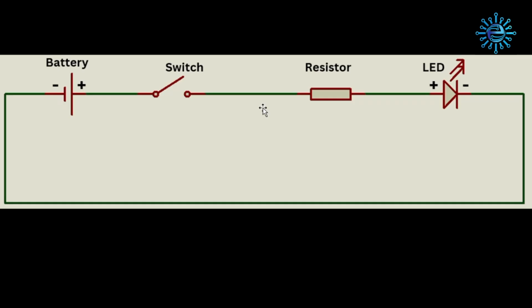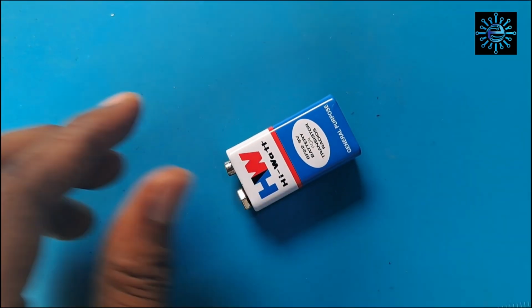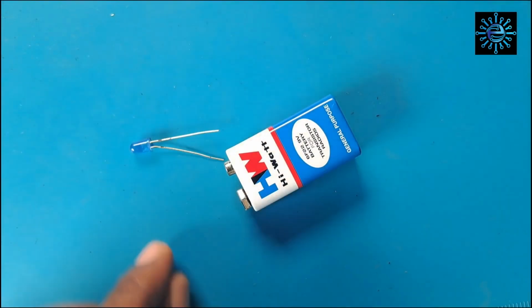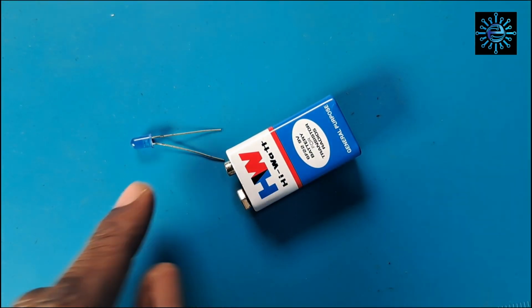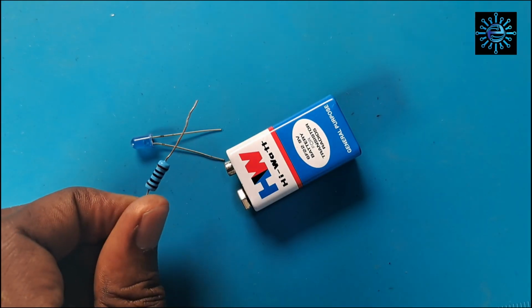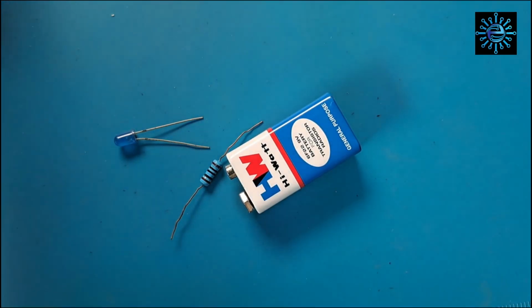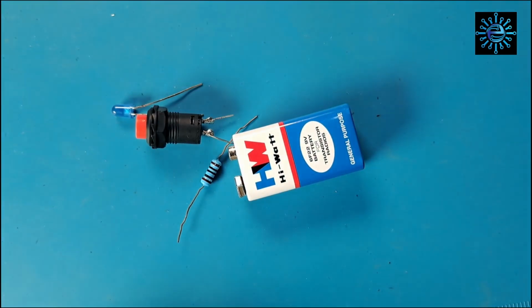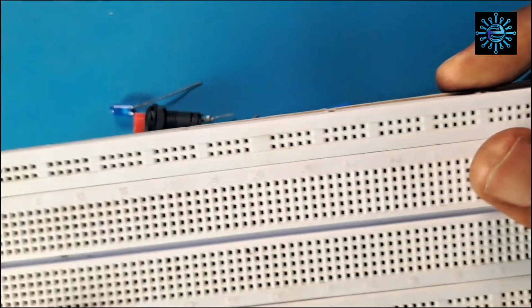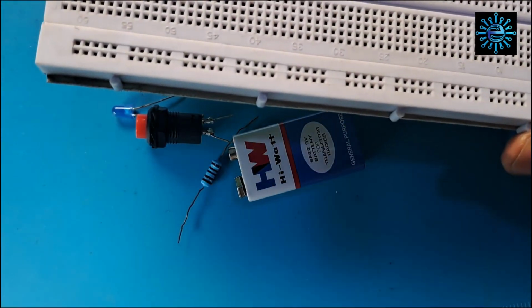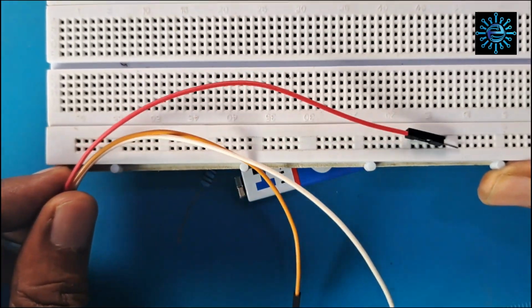Now that we have seen the circuit diagram, let's build the real circuit. Here are our components: the battery, the light emitting diode or LED, a resistor, a switch. We will also use a breadboard and some jumper wires to make the connections.